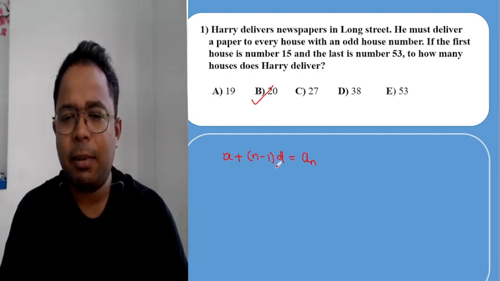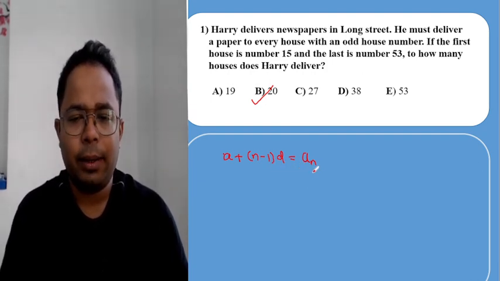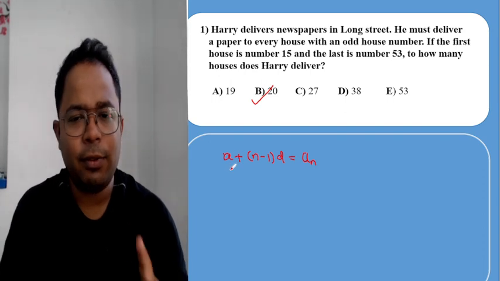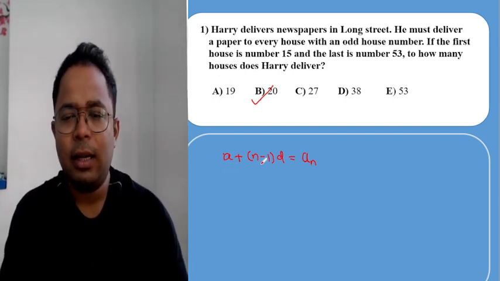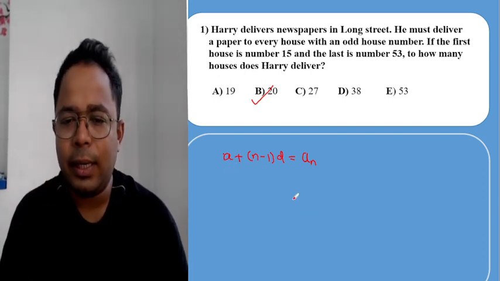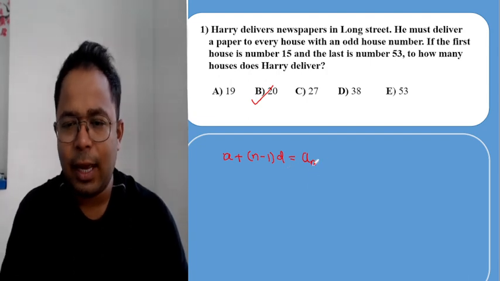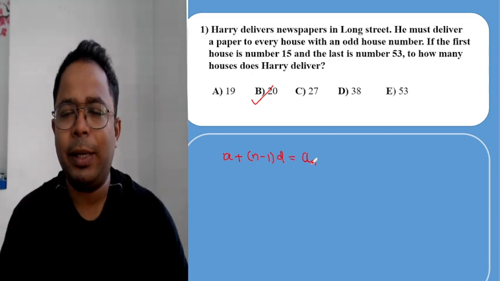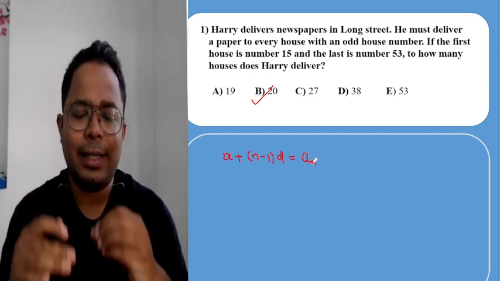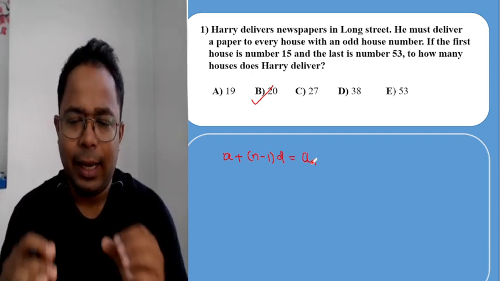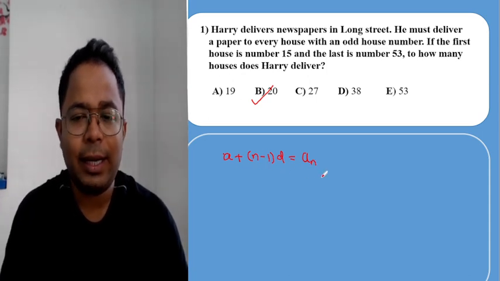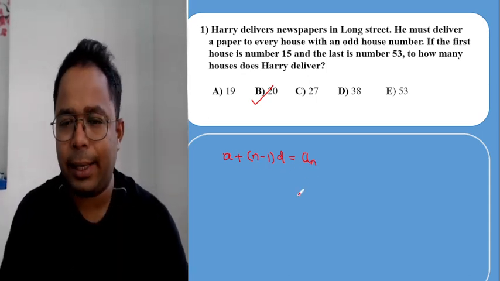So a plus n minus 1 d equals an. Here a is the first term, n is the number of terms, d is the common difference, and an is the value of the nth term, whichever term number is provided.